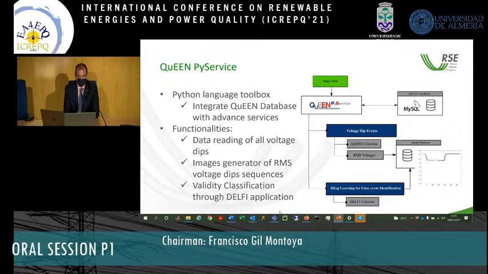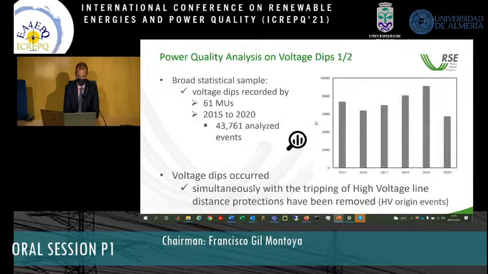So now we are able to classify voltage dips recorded in our MySQL database with the new classifier, in order to verify if it is able to perform and identify false events. Thanks to this tool, we performed some broad statistical analysis. We decided to collect voltage dips recorded by 61 measurement units from 2015 to 2020, and so we analyzed nearly 4,000 events.